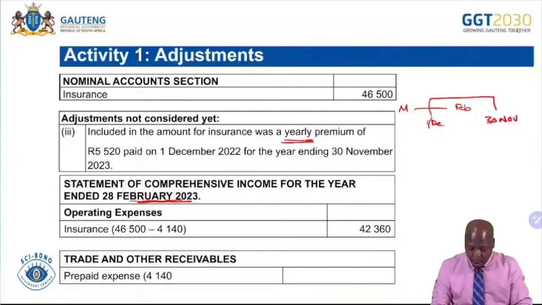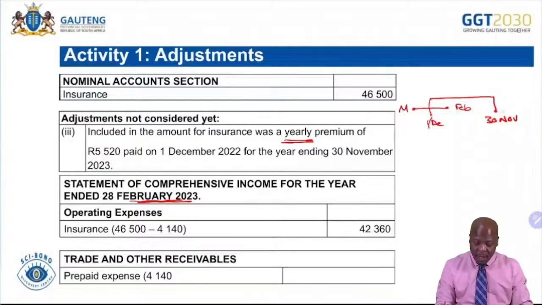We now understand our financial period starts here and it ends here. This is our financial period. But we have paid an insurance premium on the 1st of December and it ends on the 30th of November. Now, with this premium, you have to understand, therefore, that there is a period which we paid in advance.